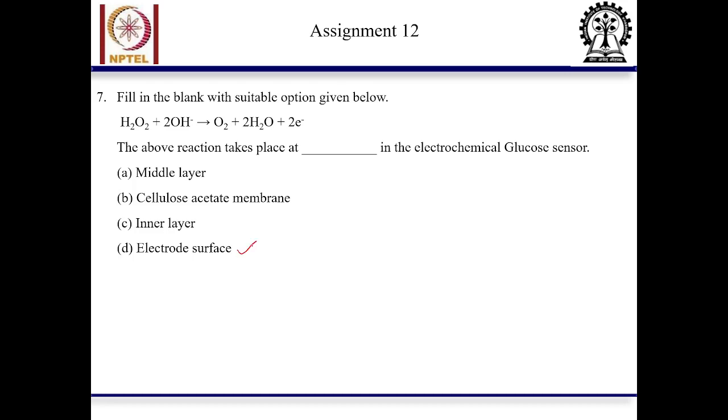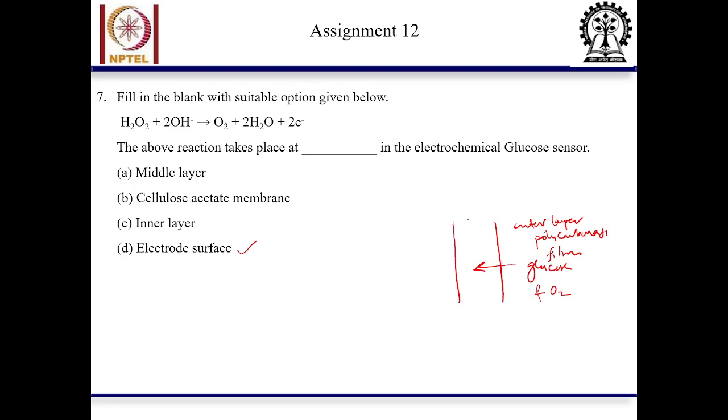I think I should go through it once again. So first is the outer layer. The outer layer is just a polycarbonate film. Okay. So this will allow your glucose and oxygen. That is the first layer.